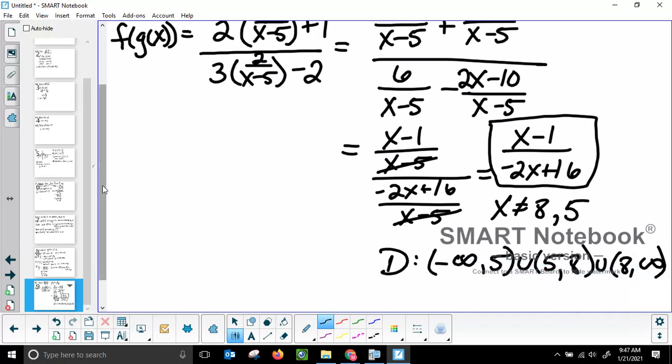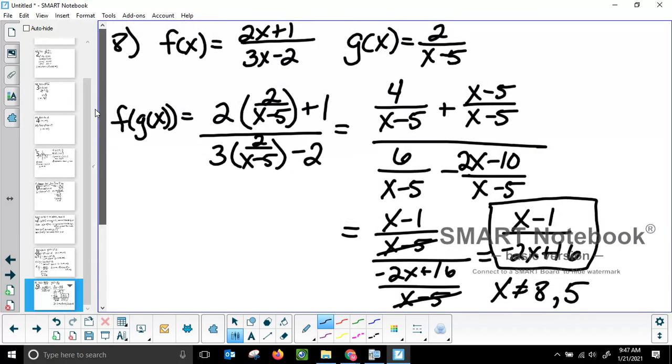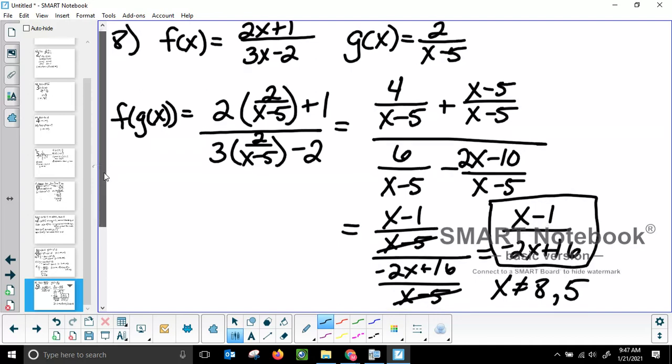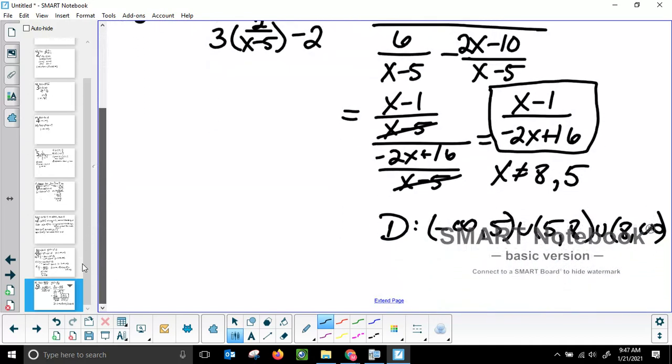So do be careful that you always have to tack in whatever the inside piece is. Okay, so that's f of g of x.